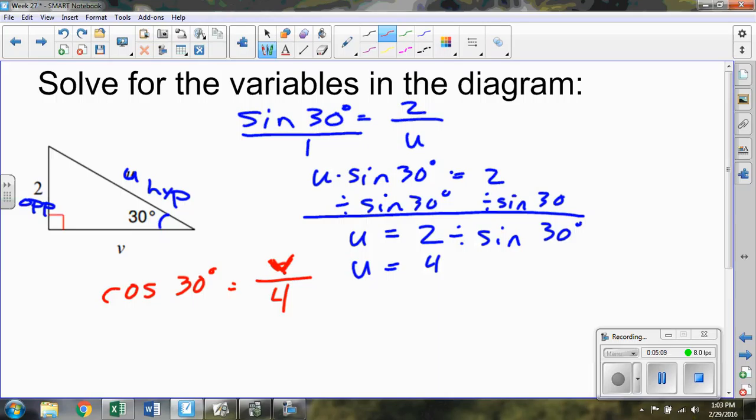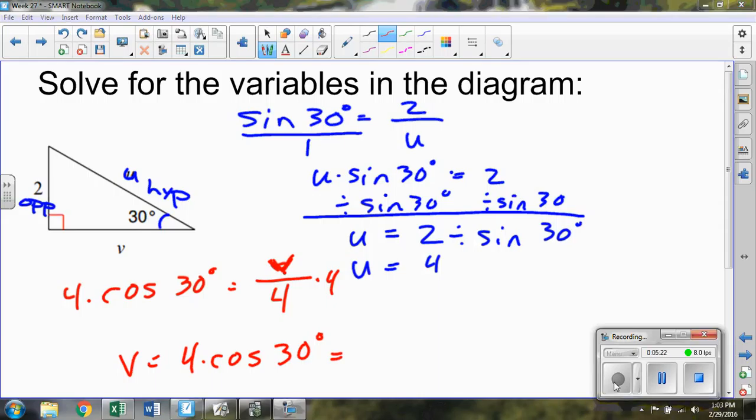And so multiplying by 4, v equals 4 times the cosine of 30 degrees. And after we put that into our calculator, we get 3.46 blah, blah, blah. So we rounded it to 3.5.